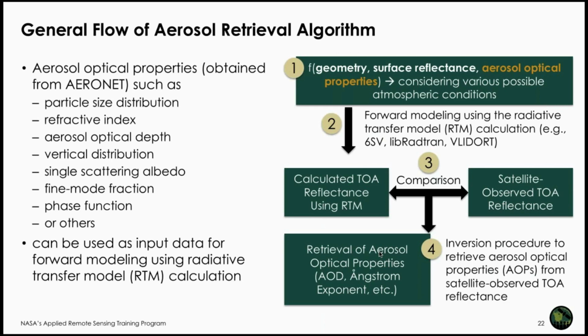This is the last part of the aerosol retrieval algorithm. As I showed in the previous slide, we should simplify aerosol properties like size, absorptivity, or particle shape. But we should also consider the particle distribution, like where the aerosol is located, in the upper or bottom layer of the atmosphere.